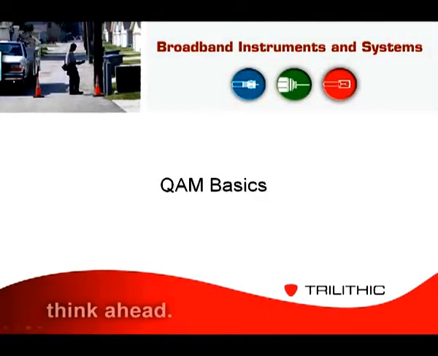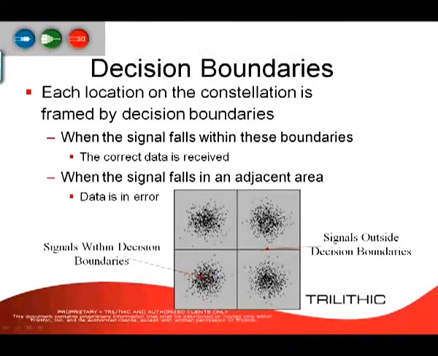Okay, let's dive right into it. Let's talk about the basics of QAM. When we start talking about QAM, there are what are called decision boundaries when you're looking at constellation patterns.